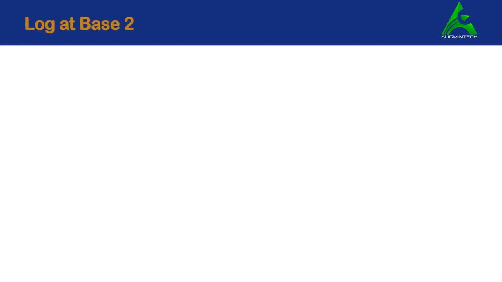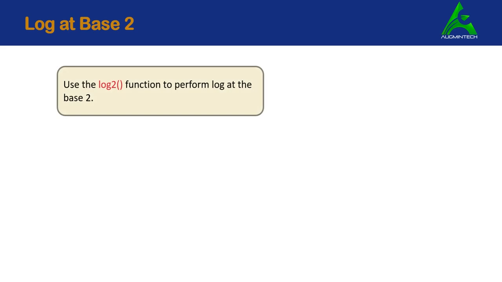Now let's see what is log at the base 2. So here we use the log2 function to perform log at the base 2. So here in this example, we are printing the numbers in between the range 1 to 10 and then trying to find the log of base 2 of those numbers.